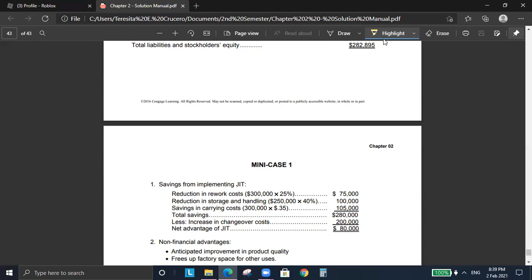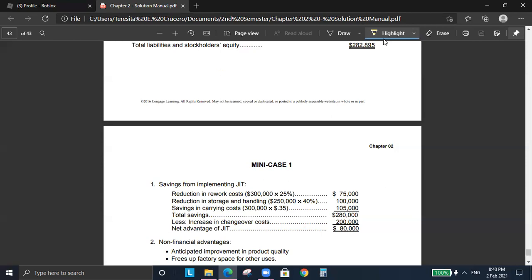So I mentioned that this JIT system is applicable to cases when the supplier is near, but it cannot apply to materials when the suppliers are far, especially if you are referring to imported materials, when you really need to maintain a warehouse.